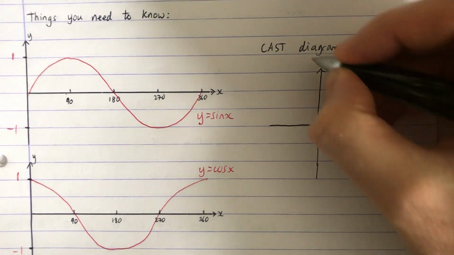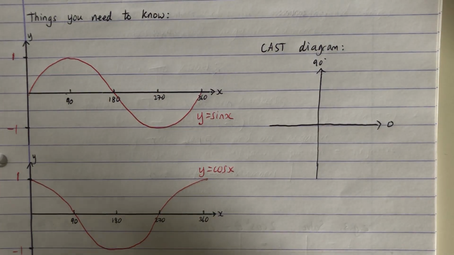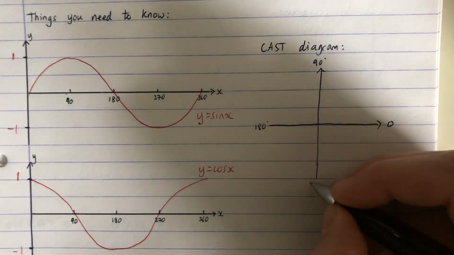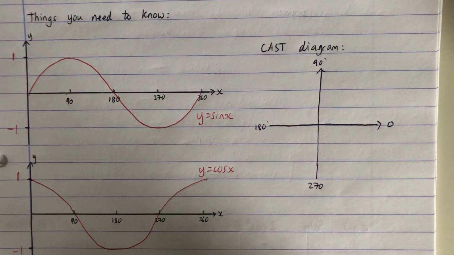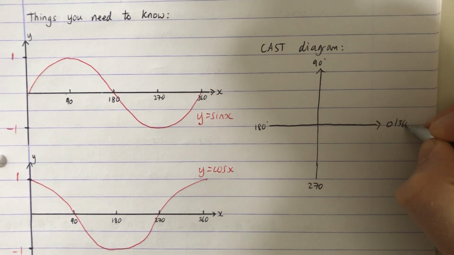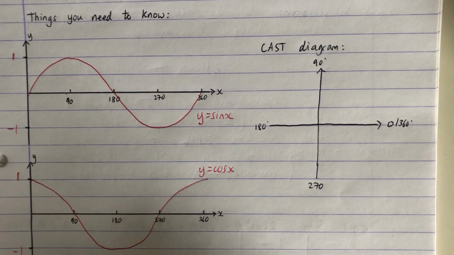So 0 to 90 degrees is the first quadrant, then 90 to 180 is the second quadrant, 180 to 270 is the third quadrant, and 270 to 360 is the fourth quadrant, and you could keep going around.